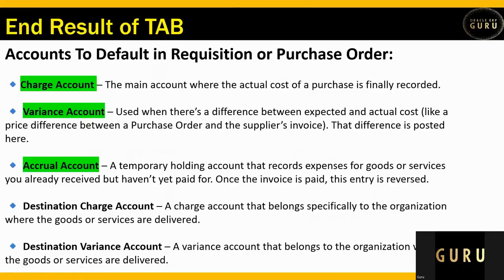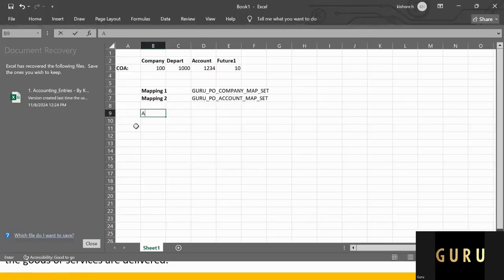So all these three things we need. I'll define account rules. I can keep it as Guru underscore PO underscore approval rule, let's keep it simple.